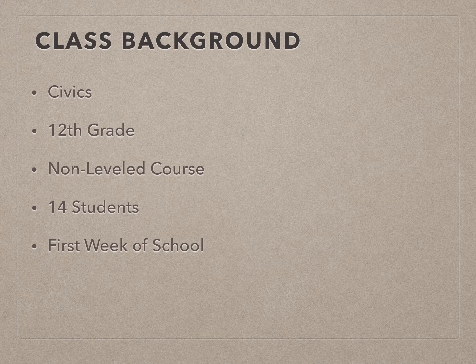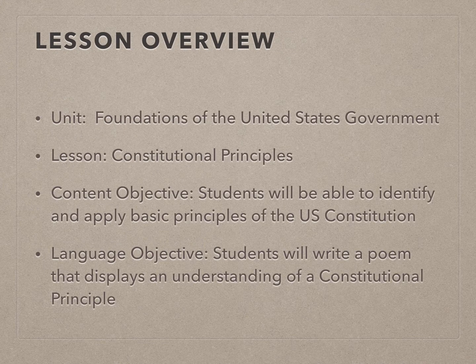The class is a smaller class. It only has 14 students in it, and we also did this during the first week of school. The lesson is part of a bigger unit on the foundations of the United States government. This particular lesson was just on constitutional principles.